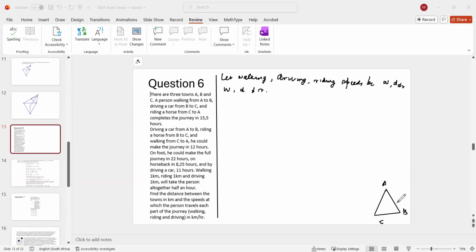So when you are walking from A to B, let's put a W here, driving from B to C, driving D, and riding from C to A, riding. These are the speeds. And the total time. Oh, we don't even know the lengths.